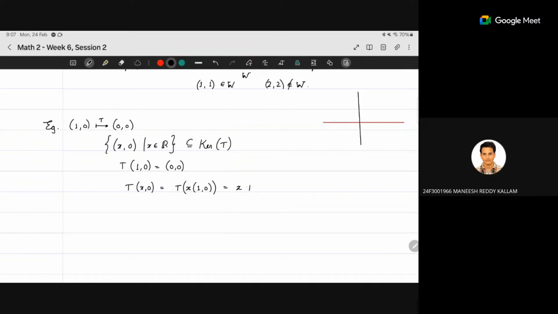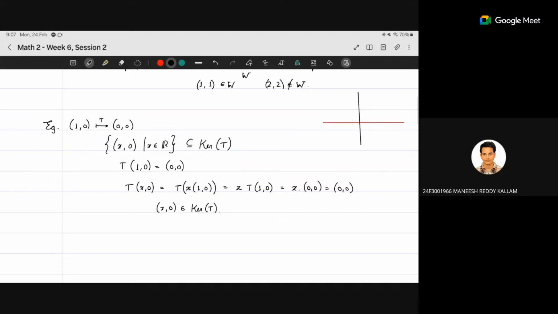This is by the linear property. It is x times T of (1, 0), which is x times (0, 0), which is 0. So (x, 0) belongs to the kernel. This much you can guarantee.